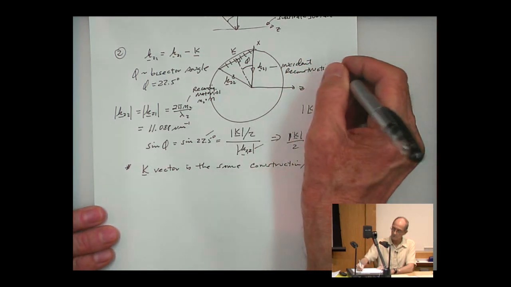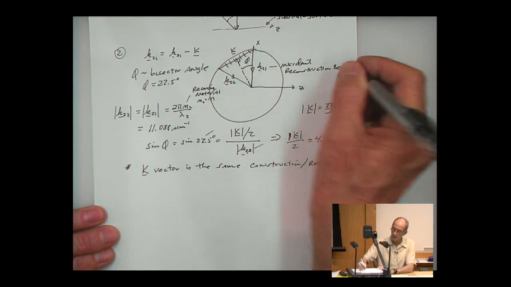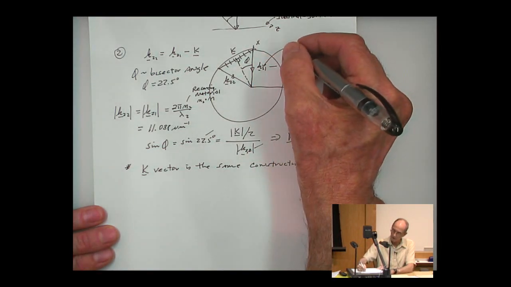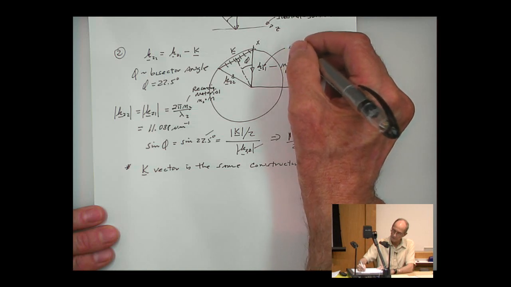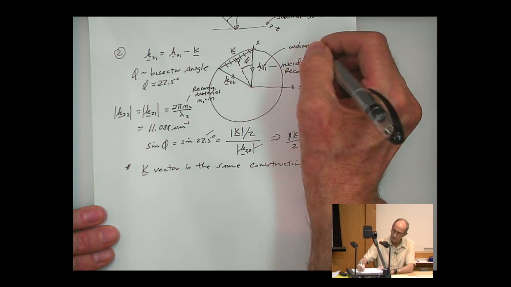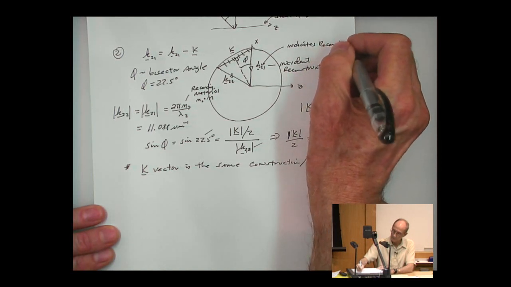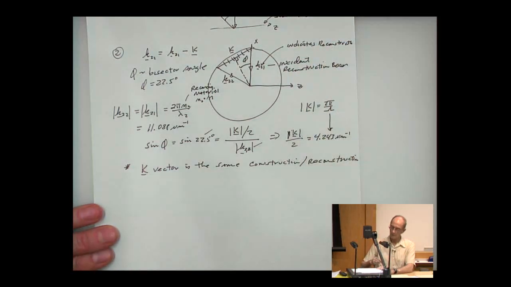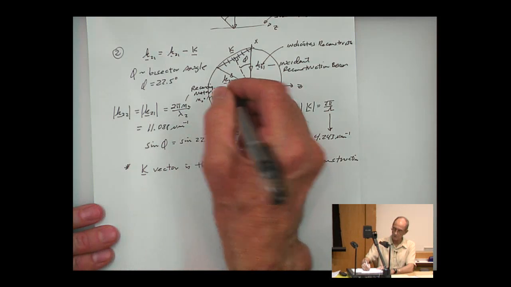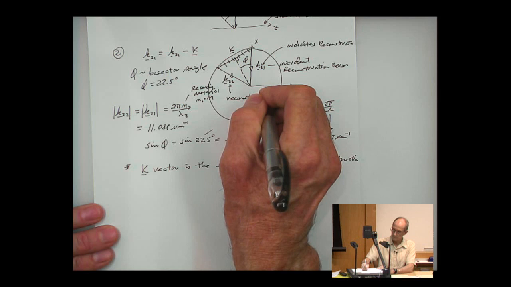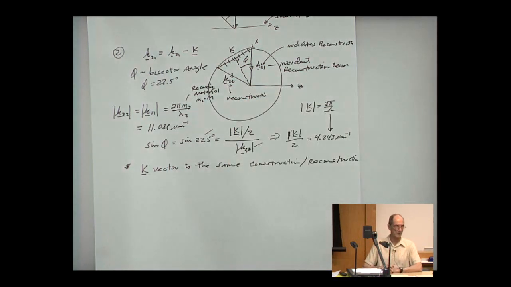So the first 2 is for reconstruction. Yeah, I was trying to make that point earlier. The 2 indicates reconstruction. Cool, thanks. And this 2 also indicates reconstruction, and there are just 2 different directions.